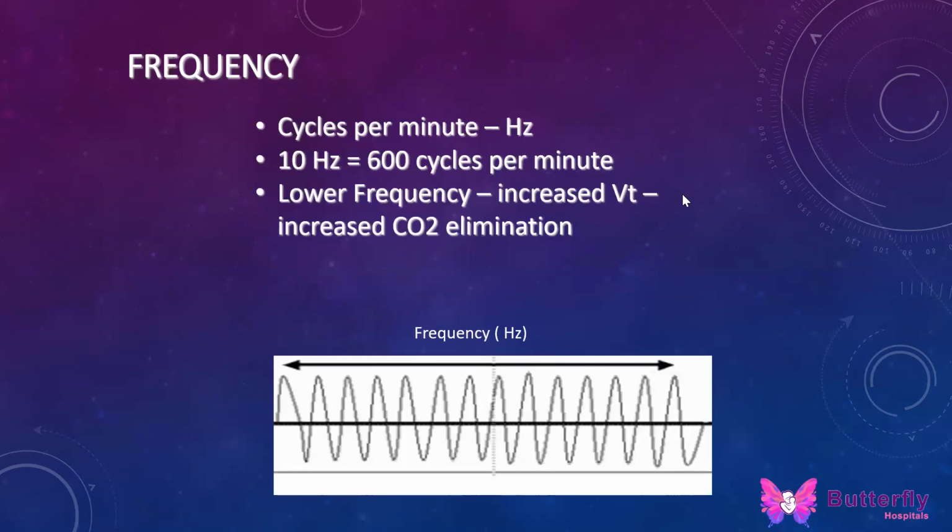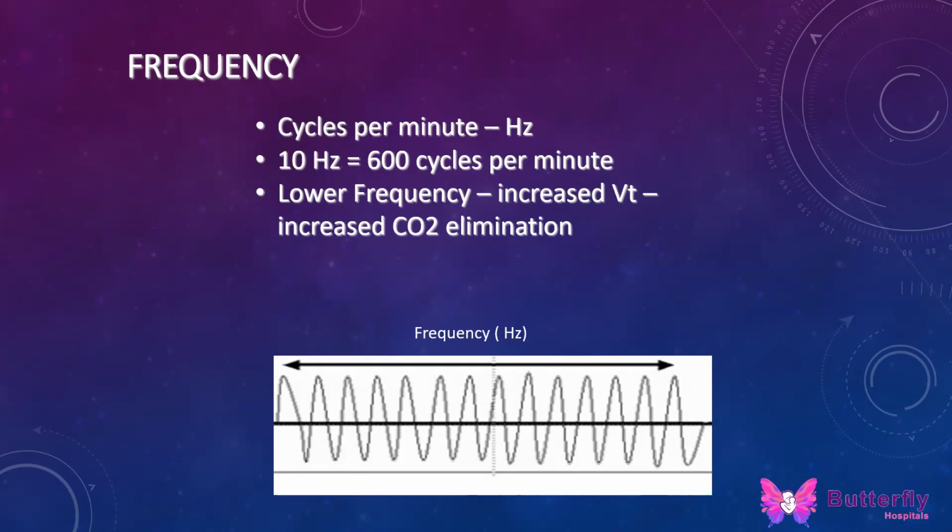Yeah, please continue. So the next parameter to set up in high frequency oscillator ventilation would be the frequency of ventilation. We say 10 hertz to start with for most of the babies, which is equal to 600 cycles of high frequency per minute.